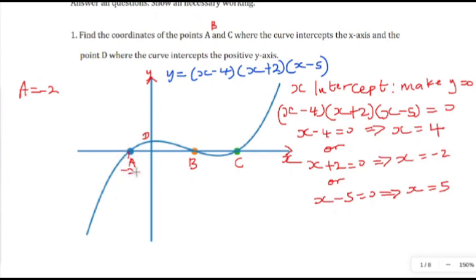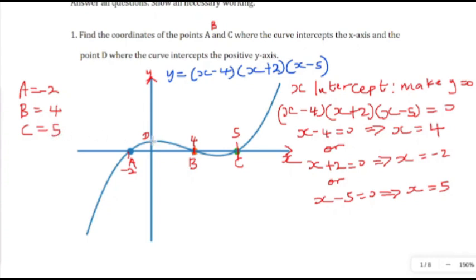We'll label it correctly. Then the next one, x equals 4. This point should be 4. Then we have x equals 5. C should be 5. So we've obtained the values of A, B, C. B is equal to 4, and C is equal to 5.